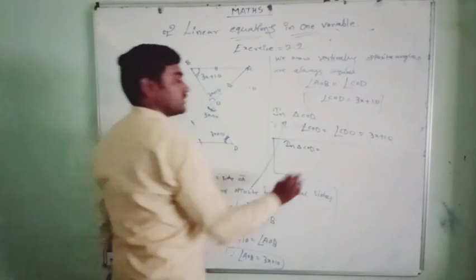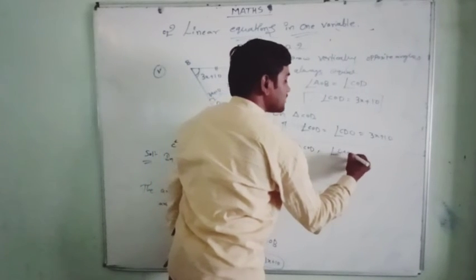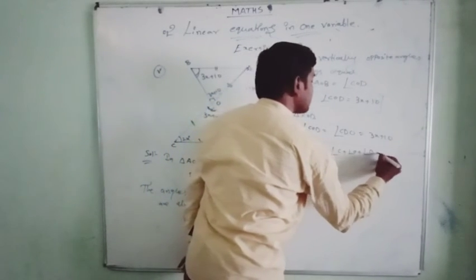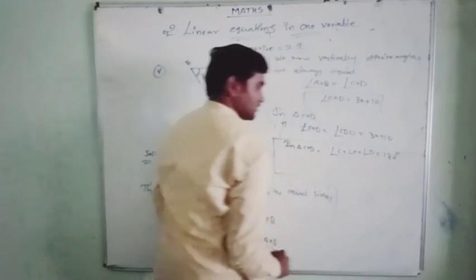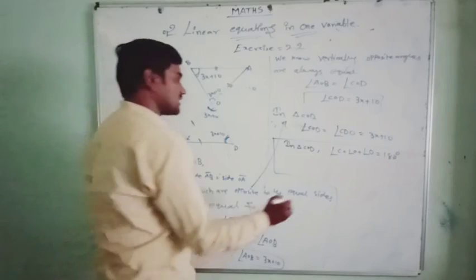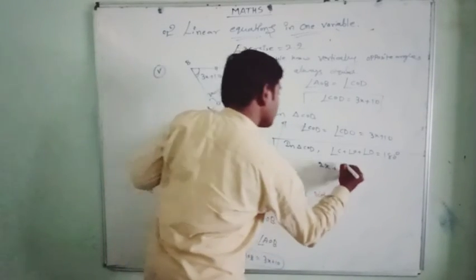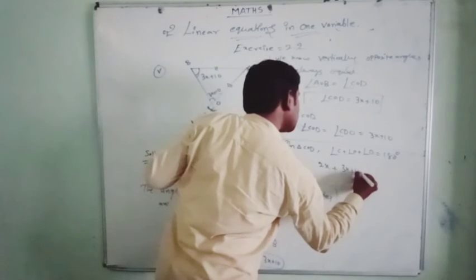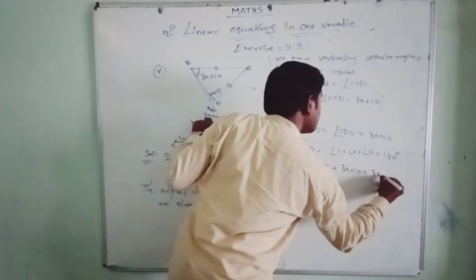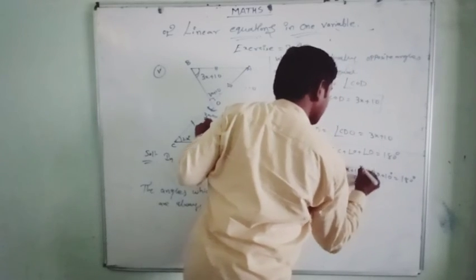In triangle COD, sum of three angles equal to 180 degrees. So angle C plus angle O plus angle D equal to 180 degrees, by using the angle sum property. So what are the three angles here? Angle C equal to 2x, plus angle O equal to 3x plus 10 degrees, plus angle D equal to 3x plus 10 degrees, that equal to 180 degrees.